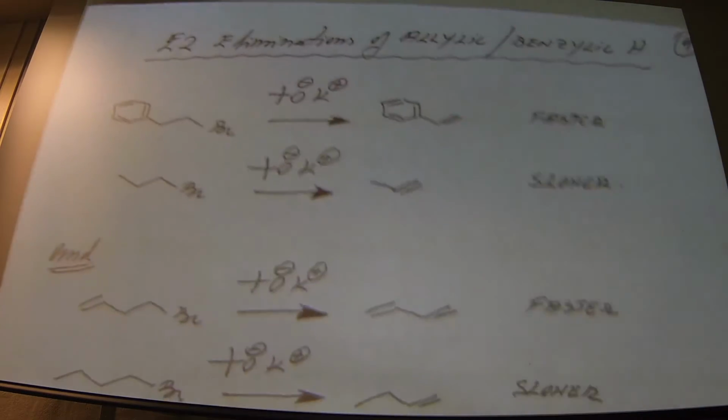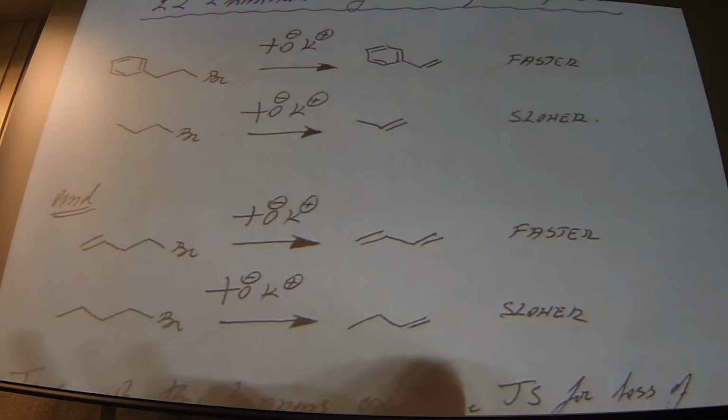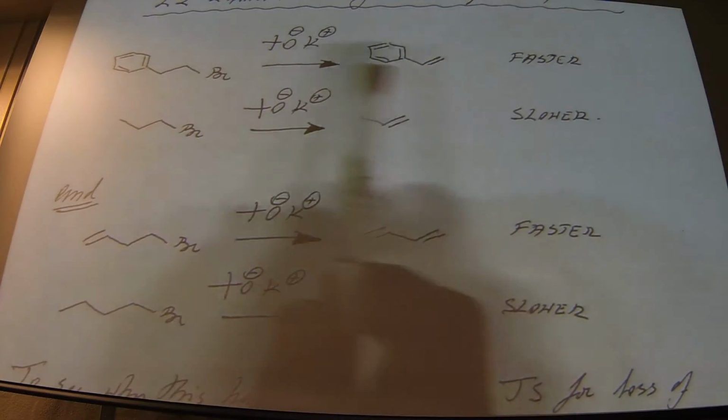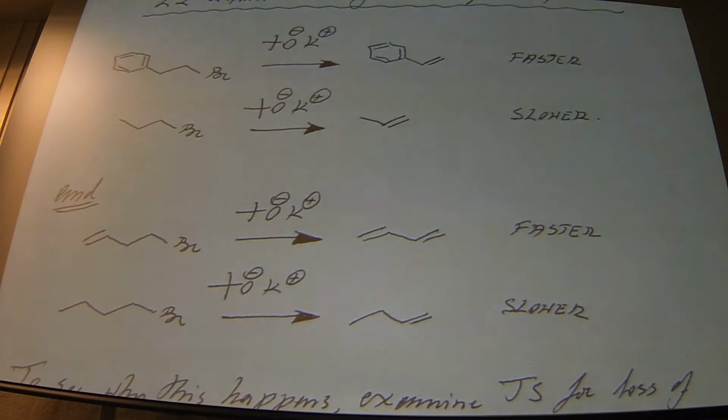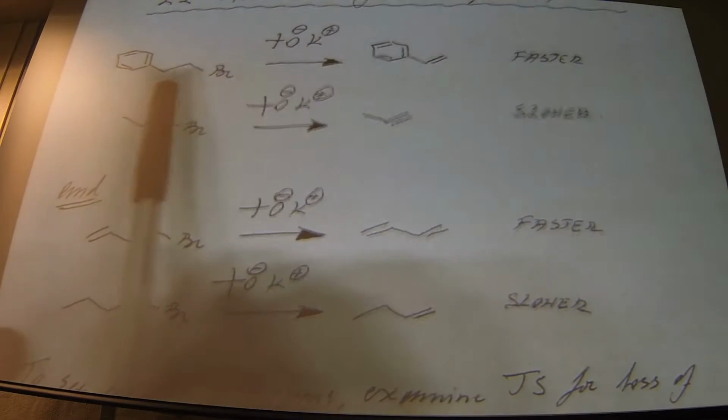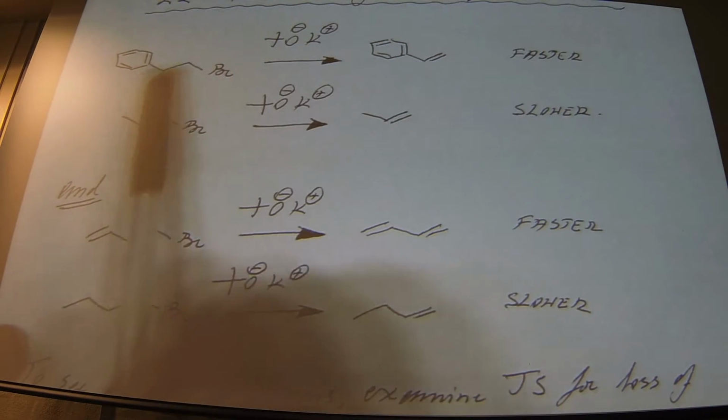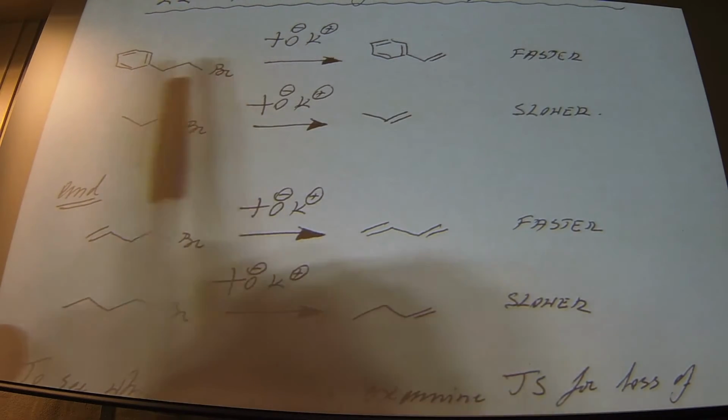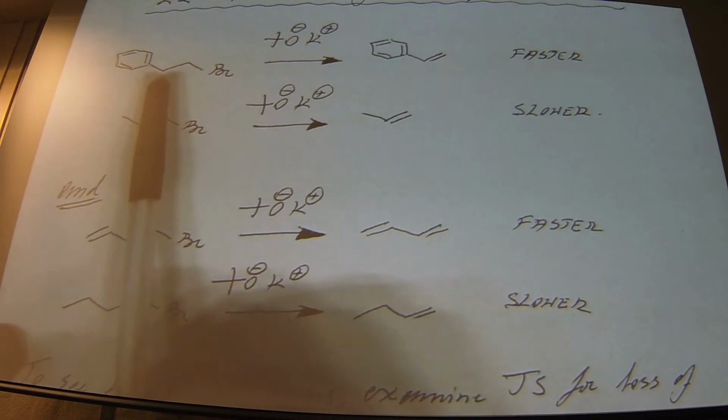Okay, so we wouldn't really be making a big deal out of allylic and benzylic carbons if there wasn't a big difference in chemical reactivity. And so it turns out that for reactions that we've seen even in Chem 272, there's a huge difference in the way they react. So here's a non-benzylic bromide, but the E2 elimination involves removal of a benzylic proton.